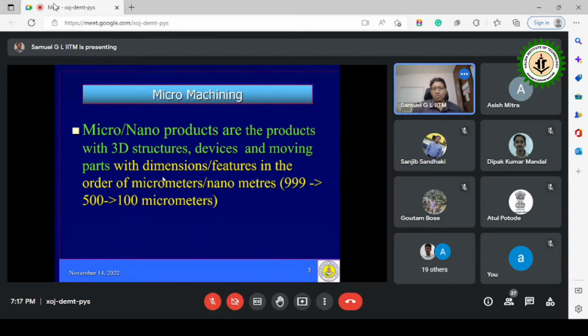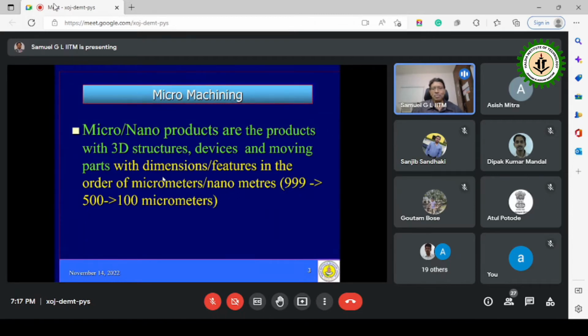But now we find that the scales are coming down. Even when I started with micro machining, they used to say sub-millimeter is micro scale. But later they said that is too big, so let us reduce it to 500 micrometers.